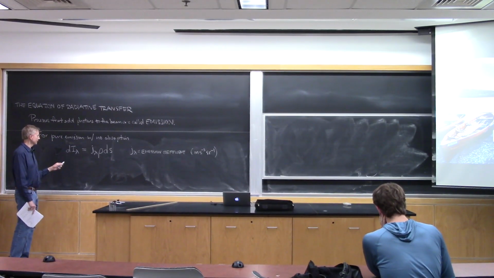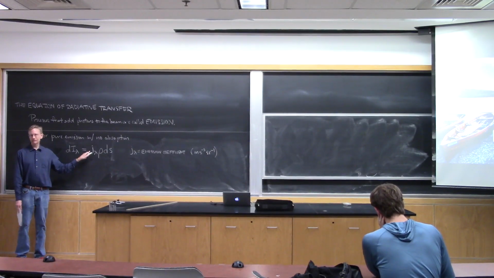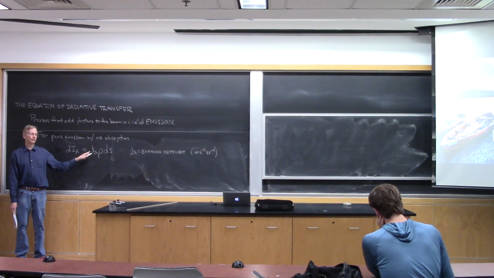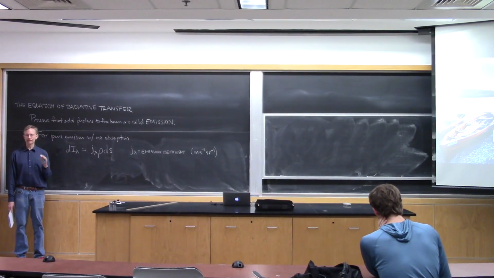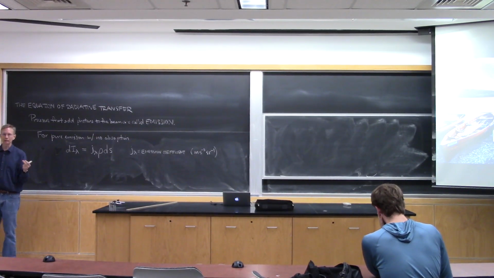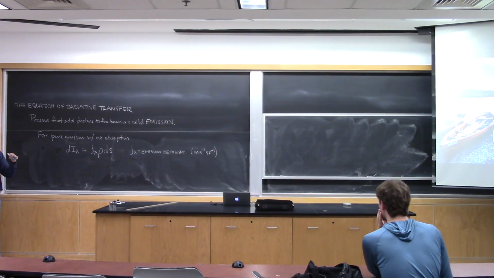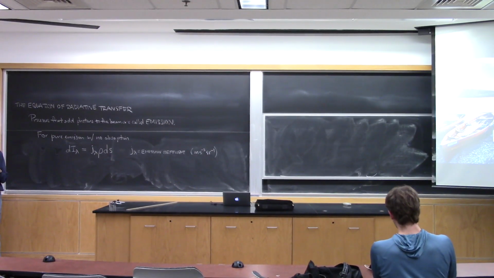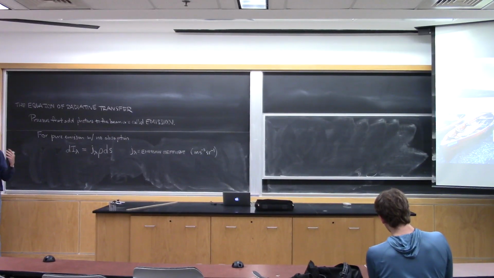So the idea here is, before we had a minus sign because we were removing photons from the beam, there's no minus sign here because we're adding photons to the beam. Also, before we had I_lambda in there: dI_lambda was minus kappa_lambda rho I_lambda ds, because with absorption and scattering, it's happening to photons that are already there, and the more photons there are to be absorbed and scattered, the more will be absorbed and scattered.